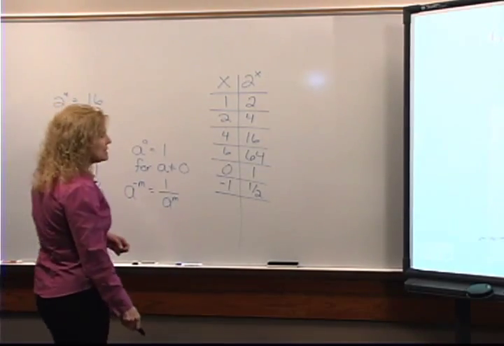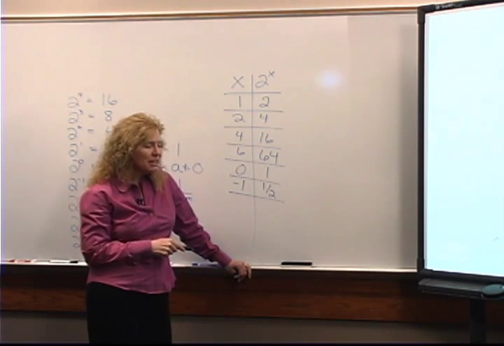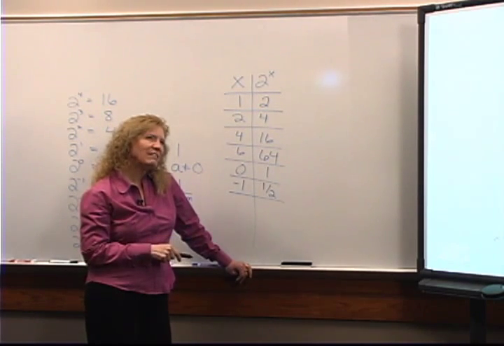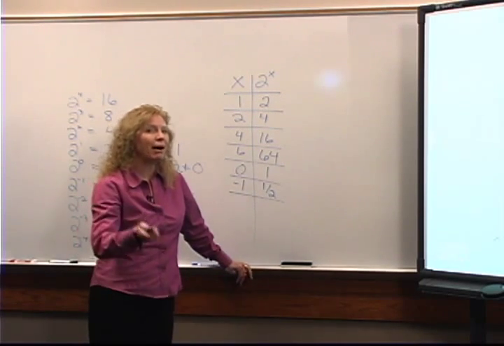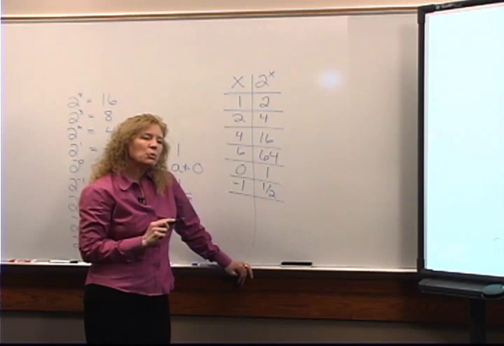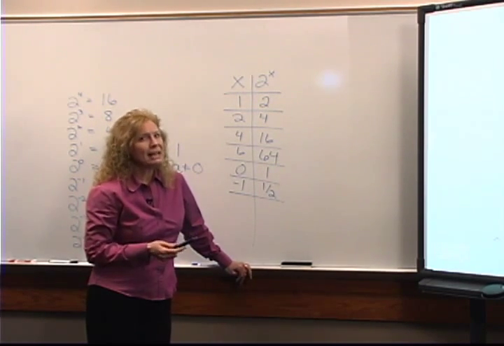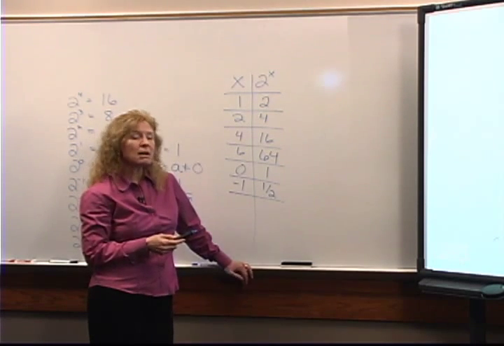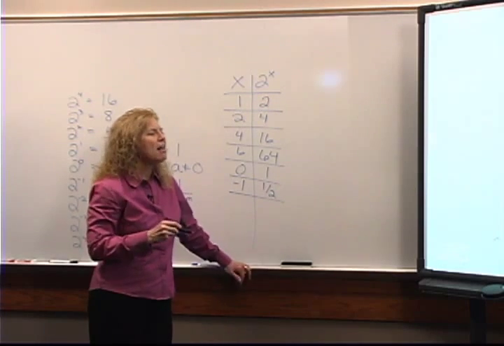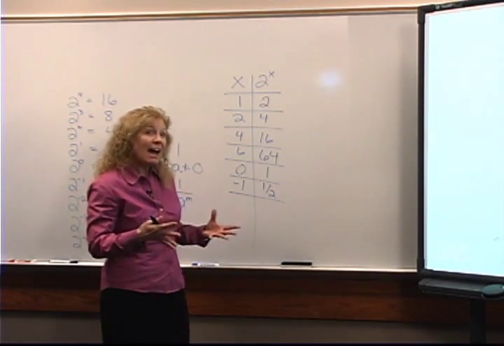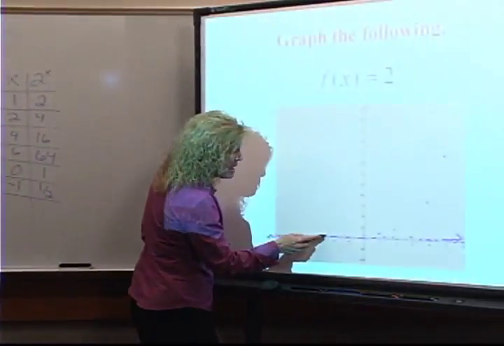Well, as it turns out, your calculator will allow you to do things like 2 to the 0.5, 2 to the 1.7, 2 to the pi. Now, for a really good understanding of why that's legal, you really have to get into some calculus concepts, and the definitions that come through that direction allow us to have the entire real number set as our domain.